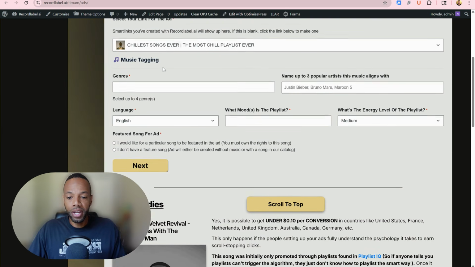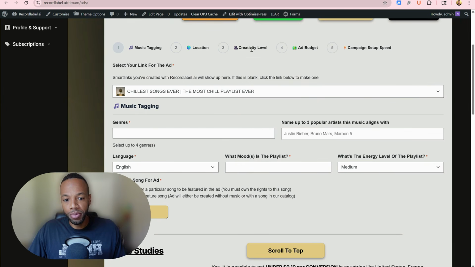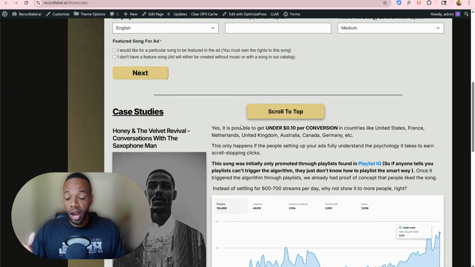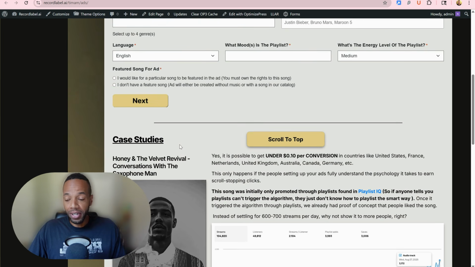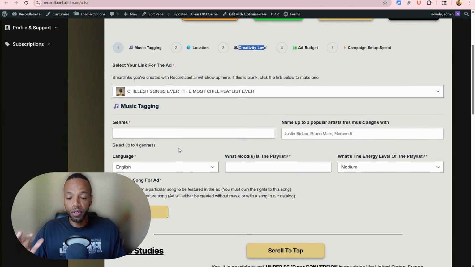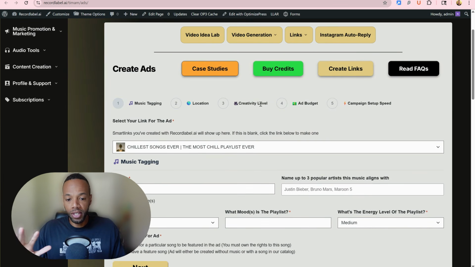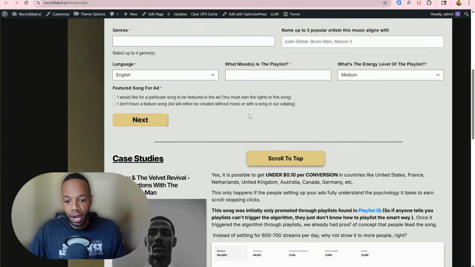But the difference with us is when you run the campaigns with us, we let you choose a creativity level. That means some ads run really well with different creative. So this one is a visual shock hook. There's different text hooks we use. There's a lot of things that our service does that other services don't, because we run so many ads.